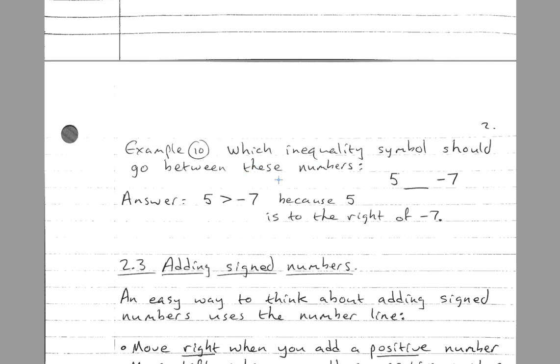Yeah, you sometimes see these types of questions. If I give you these two numbers, 5 and negative 7, what's the correct inequality symbol? Is 5 to the left of negative 7, or is 5 to the right?